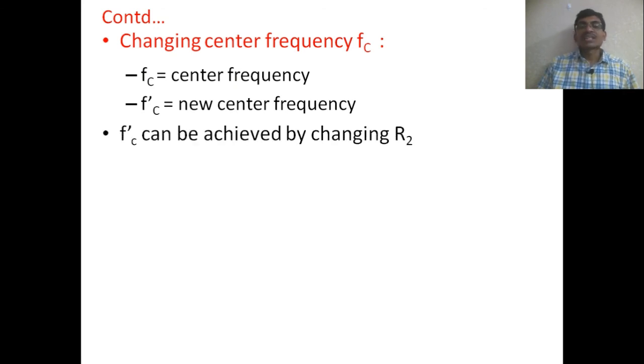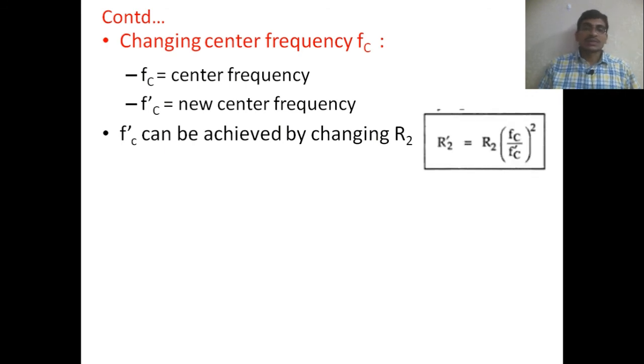Then Fc dash can be achieved by changing the R2 resistor in the circuit. Therefore, R2 dash is equal to R2 into (Fc by Fc dash) whole square. So in order to change the center frequency of our narrow band pass filter, we change only one resistor, that is R2. The value of R2 will be changed from R2 to R2 dash when we change the center frequency Fc.